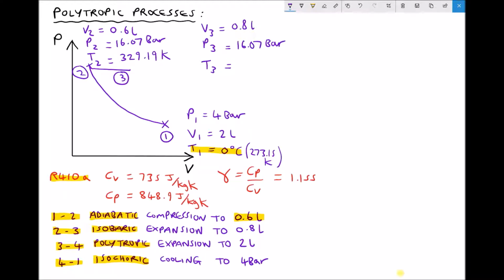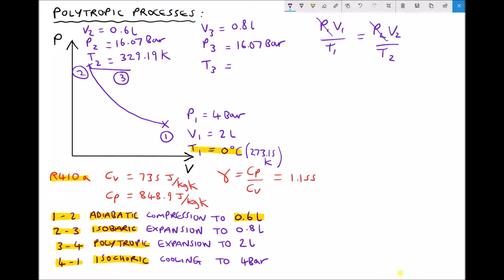Now the other thing that we can do here is start with our ideal gas equation that states that P1 V1 over T1 equals P2 V2 over T2. Now by specifying that this is an isobaric process, P1 equals P2, therefore we can just remove each of those from the ideal gas equation, and we're left with V1 over T1 equals V2 over T2.